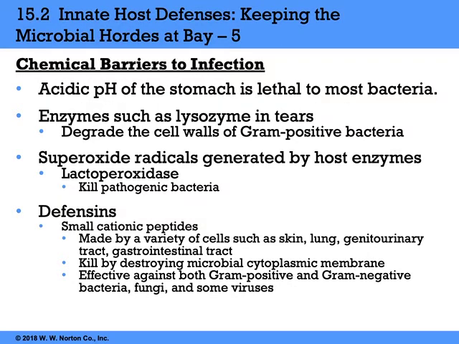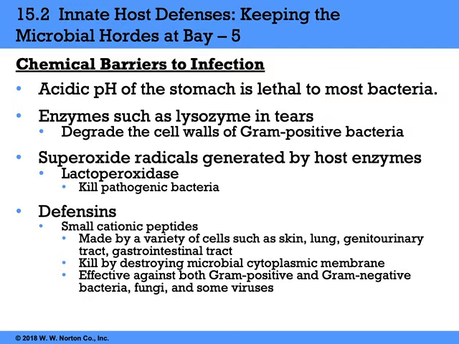The acidic pH of the stomach is a sterilant, which destroys most bacteria. It's hydrochloric acid that's produced by the stomach. Okay. Enzymes like lysozyme in our saliva, tears, and sweat weaken bacterial cell walls in gram positives. Remember, those are going to stain purple with the gram stain.